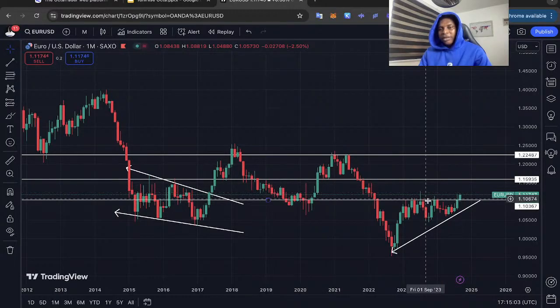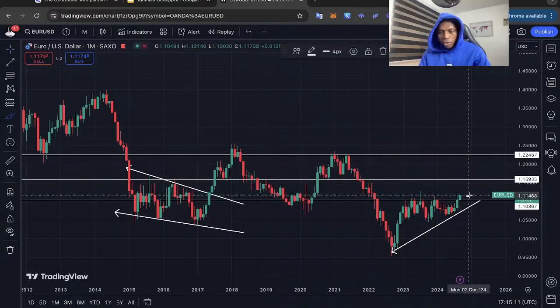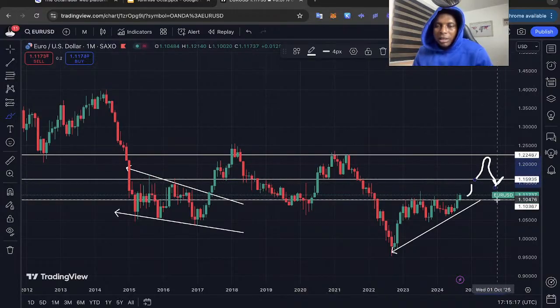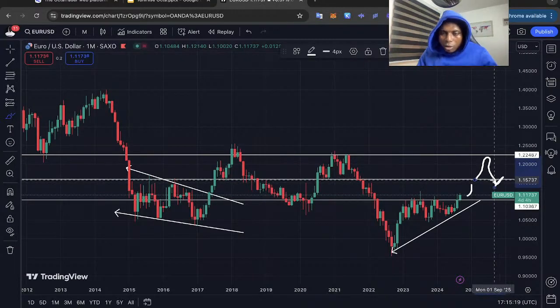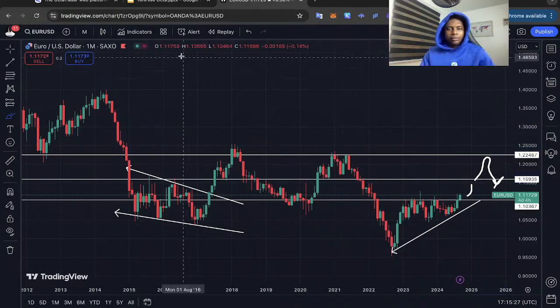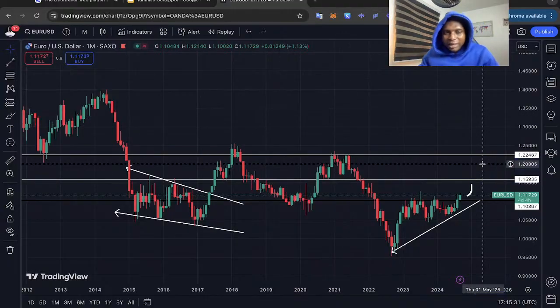A breakout will push price up to this level, and then we might see a downward momentum after it hits the resistance zone here, or a continuous push up in price. So those are the two things we might see here.